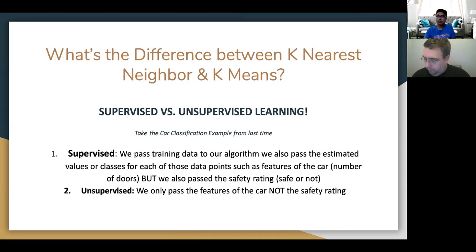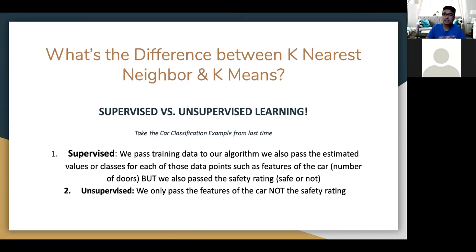So to put that into simpler words, essentially we're going to pass in those details of how many doors, how many passengers can sit in the car. However, we're not going to tell the algorithm, is the car safe or not? So we're essentially putting the algorithm on its own, essentially in the forest, think about it in such a sense that we're telling it, hey, we want you to come up with the labels by yourself and classify it and make predictions essentially of how and where data points can be clustered into.